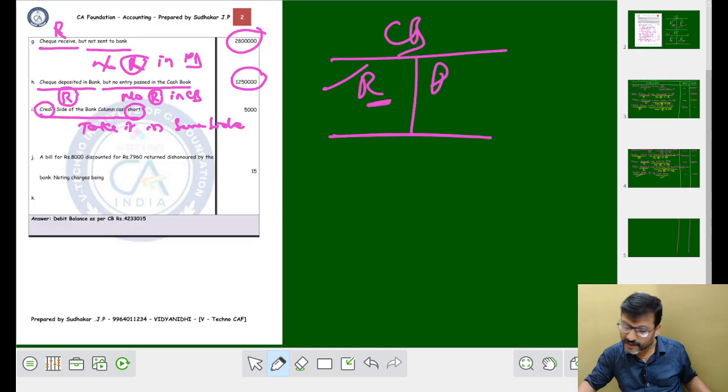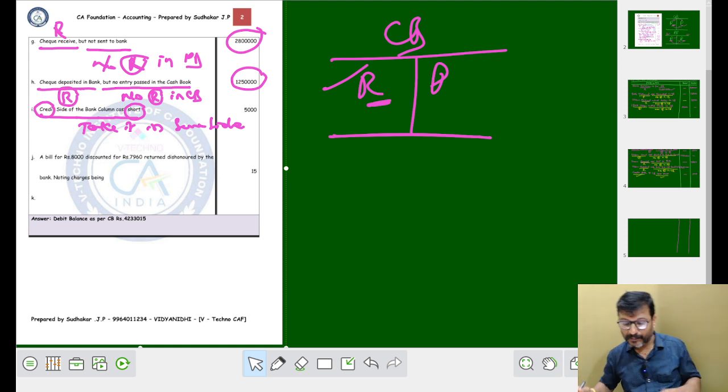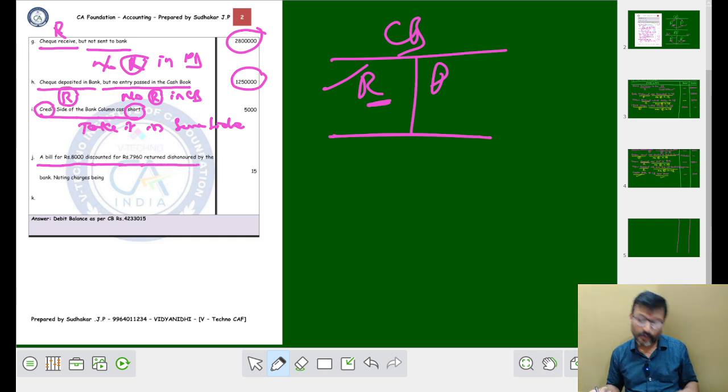See, the next point is a very important point, my dear kids. Please try to understand this concept. That is a bill for what? A bill for 8,000 discounted for 7,960. Returned dishonored. Now what happened? Dishonor happened. Dishonor means payment.